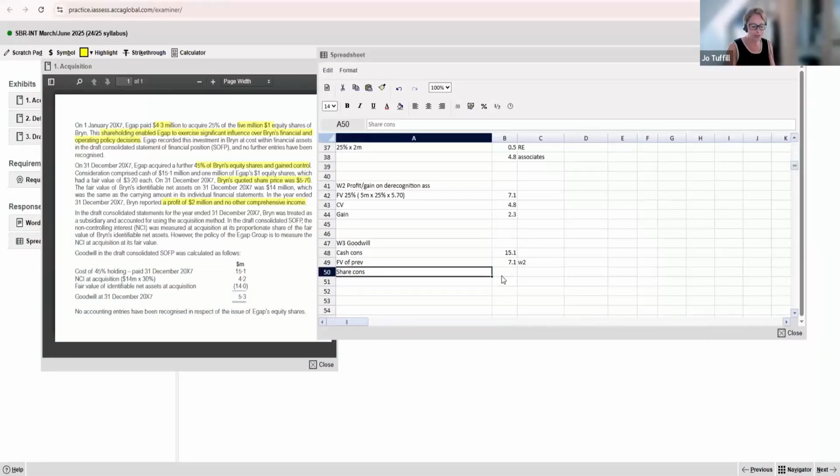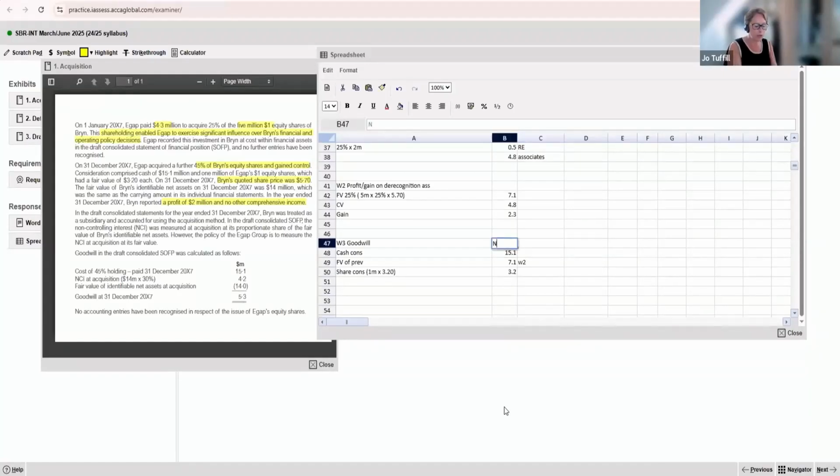Right, so the share consideration is basically, we issued 1 million of our own shares at 3.20 each. So it's simply going to be 1 million times 3.20. And you're going to say, well, why is that so hard? Well, it's the other side of the journal that's the issue, okay? It's the other side of the journal that's the issue. So we then need to make sure we adjust goodwill. So don't forget, we adjust goodwill for this. And I'll show you that in a minute.